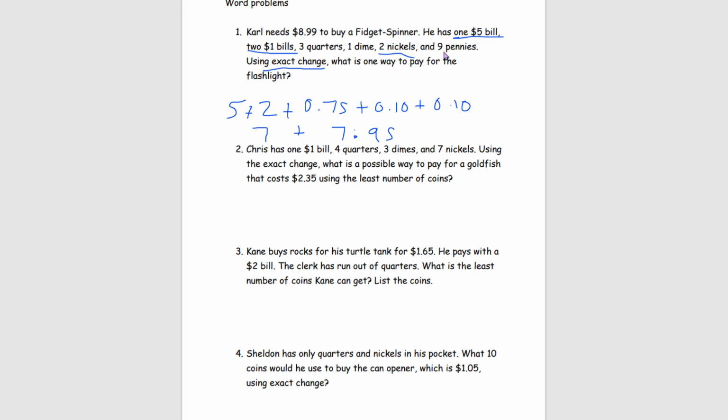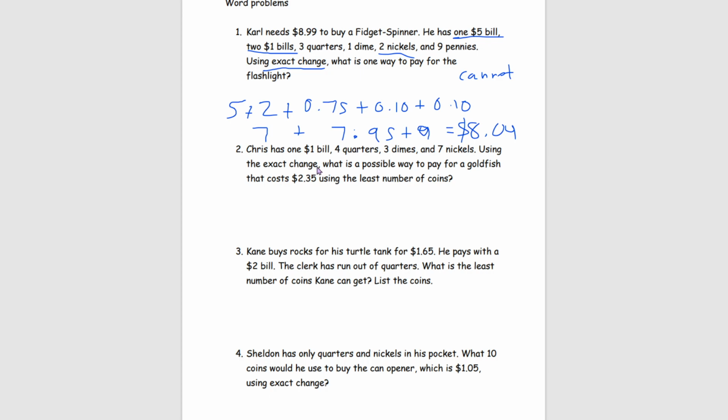And then we have 9 pennies left. We can add these together, and we get $8.04, meaning that he actually doesn't have enough money. So the answer is, using exact change, he cannot pay for it.